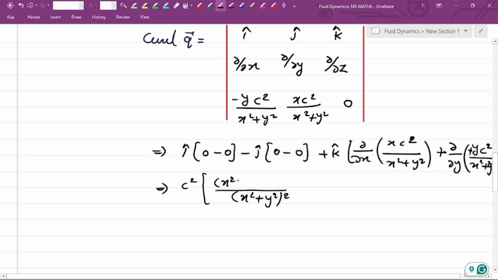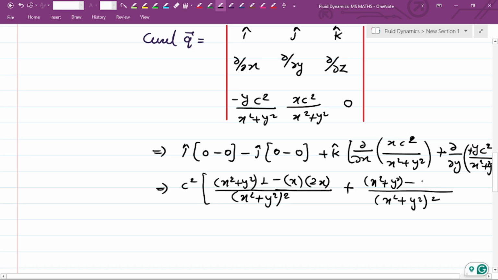The partial derivative of x with respect to x is 1, minus x into 2x. Similarly, plus 1 upon x square plus y square whole square, after applying the formula, it will be x square plus y square minus y into 2y. Now when you solve this, it will be 0. So the curl for this is 0.